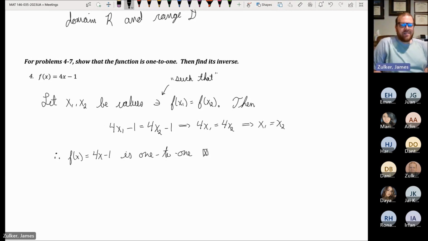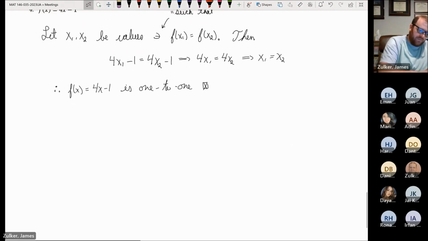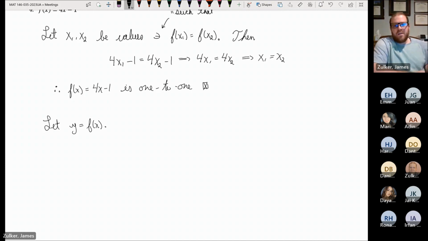To find the inverse, we pick some value y and call it f of x.